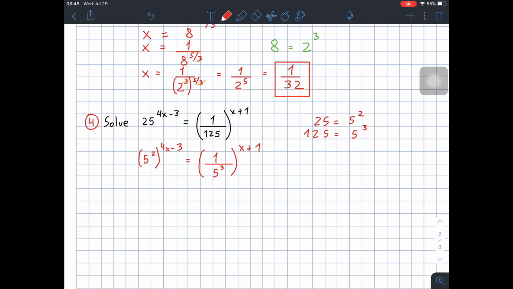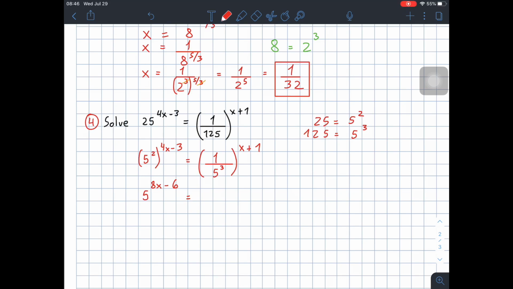So one thing I could do here is I have an exponent to the power of another exponent. So I can multiply these two, and we will have 5 to the power of 8x minus 6, right? And on the other side, I can take this up to the numerator by changing the sign of the exponent.